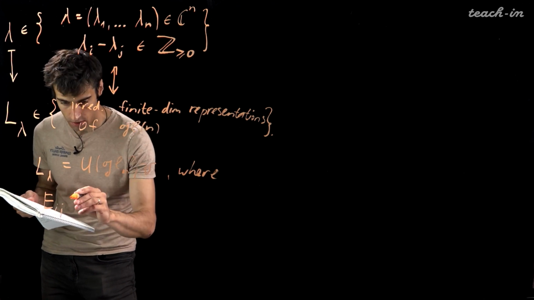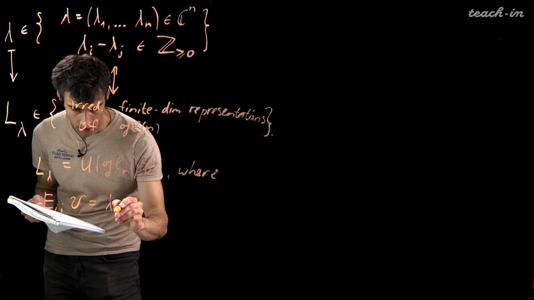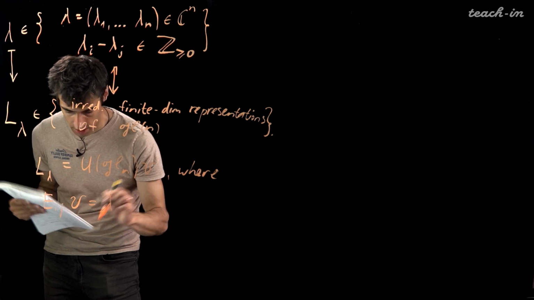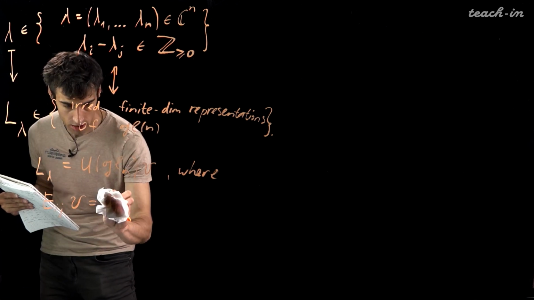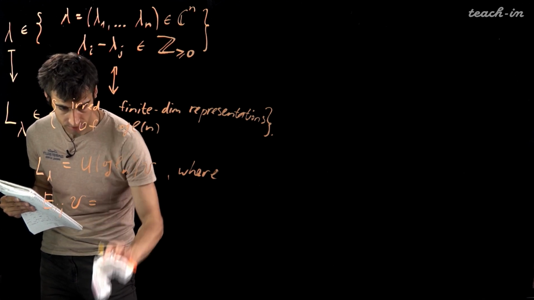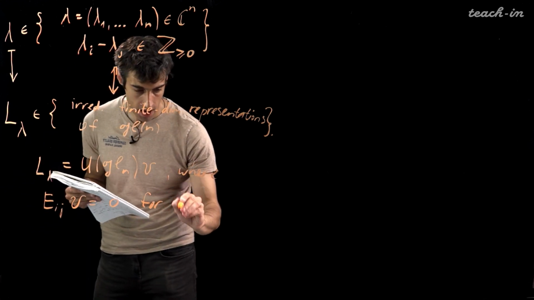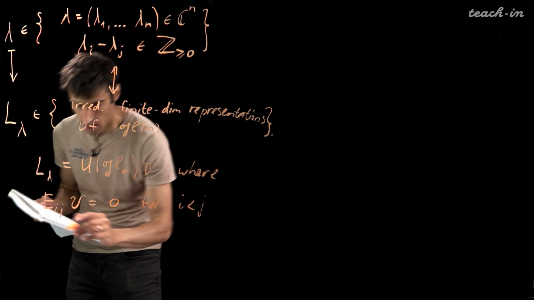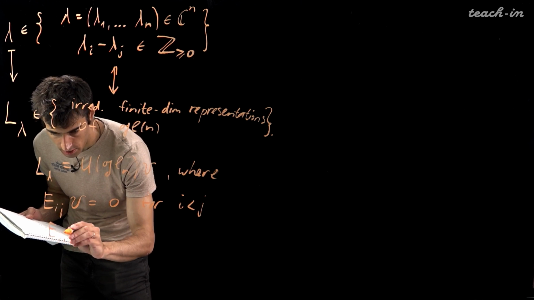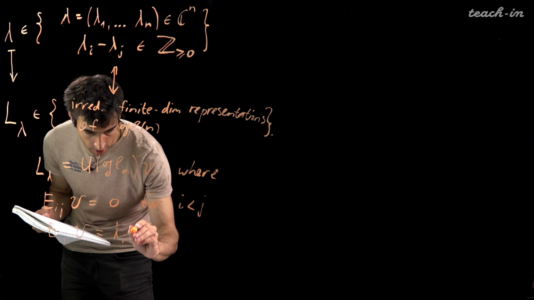So E_ij v is 0 for i less than j, and E_ii v is lambda_i v.